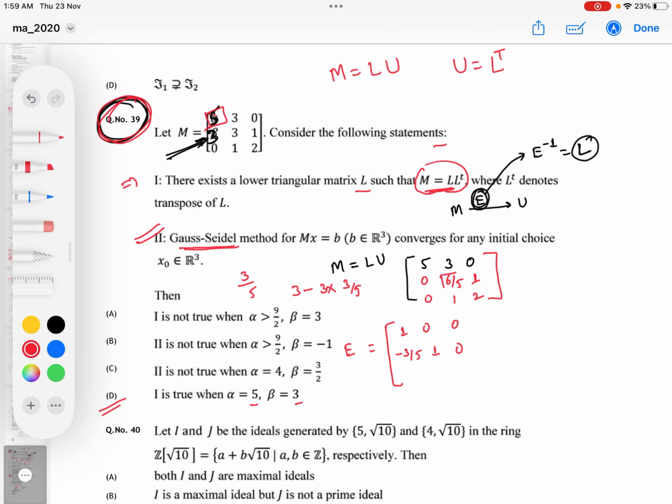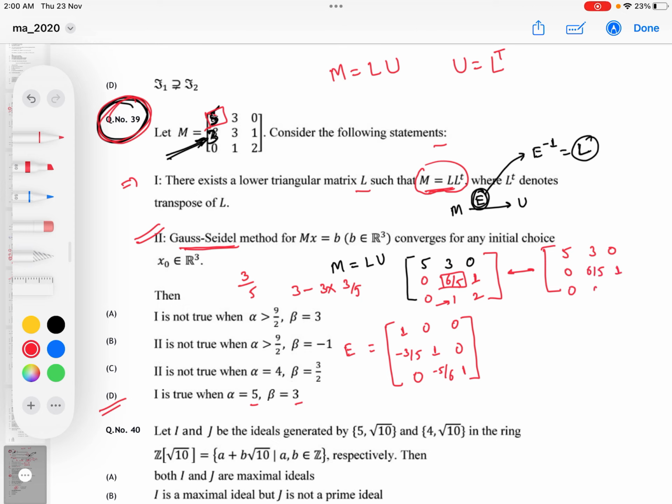Now we will take this as pivot and we will eliminate this. What will be the elimination matrix? Here it will be 0, and here the multiplier will be 1 divided by 6 by 5, so it will be minus 5 by 6. And here it will be 1. So this is the matrix E, and this will get converted into U. So 5, 3, 0, 0, 6 by 5, 1.